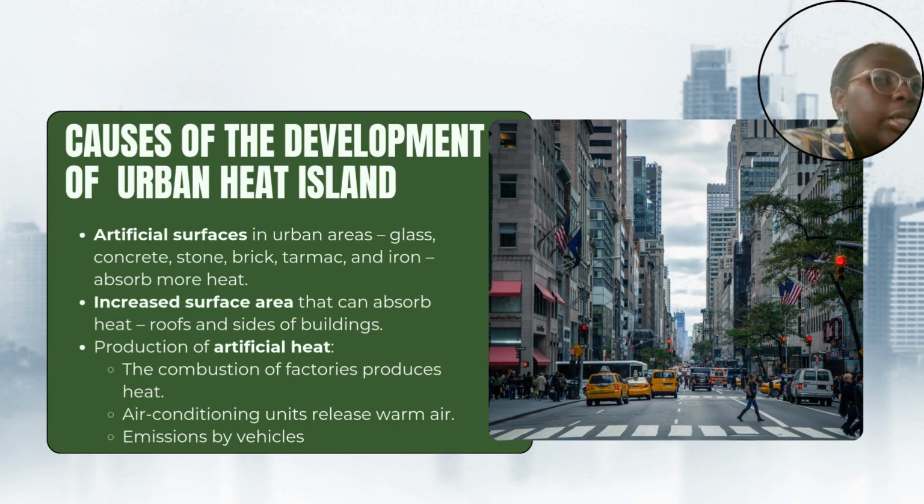There's also artificial heat from combustion, from air conditioning, from traffic, the emissions from the vehicles, and this is all just warm air that will therefore rise up, and that's why we have more of a pollution dome, because during the day that's when the activity is also higher, so there's just more air, more dust, more pollution that is happening in the urban heat island.